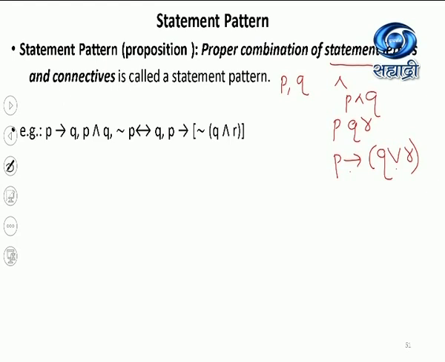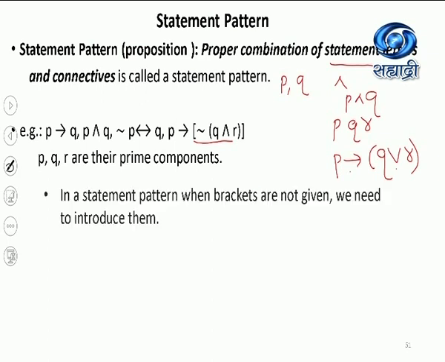P implies Q, P and Q, negation P if and only if Q, P implies, inside the square bracket, negation of Q and R are nothing but examples of the statement pattern. Then simple statements P, Q, R which are used in these statement patterns are called the prime components of the statement pattern.